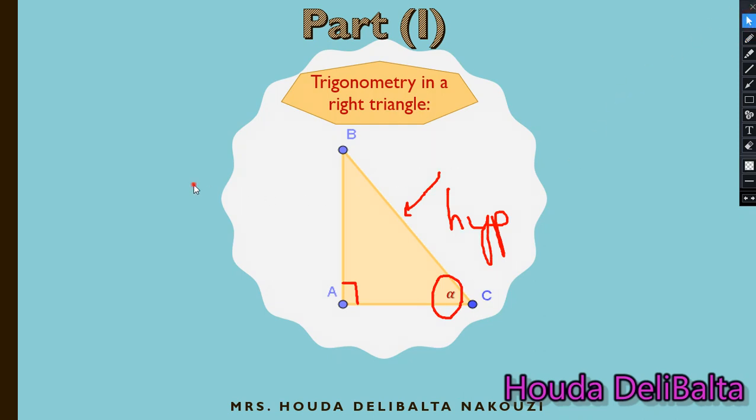Let's start. Here are the rules that are related to these words: sine of alpha. So the sine of the angle alpha is equal to the opposite side of alpha. What's the opposite side to alpha? It is AB over the hypotenuse.